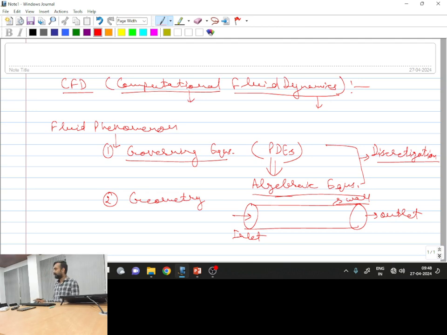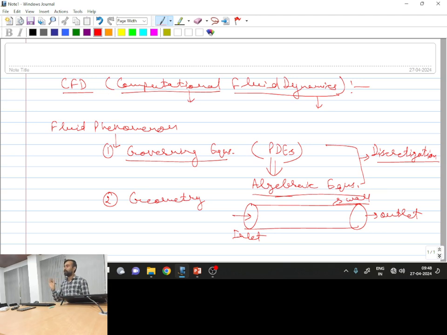Say I am defining it as a wall. Now your computer doesn't know what is inlet, what is outlet, what is wall. These are just names which we know and can correlate to the physical domain.